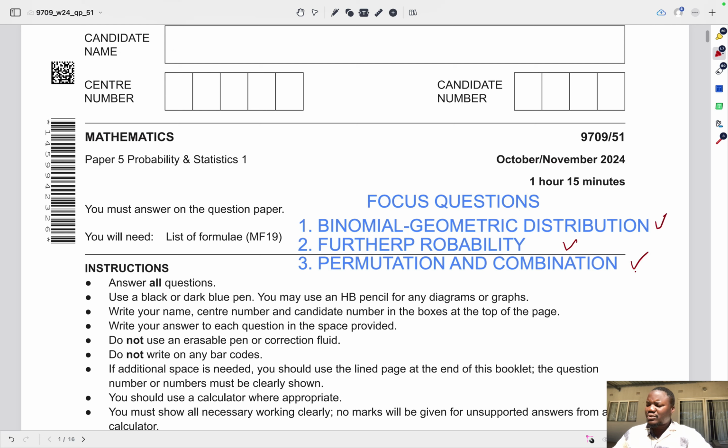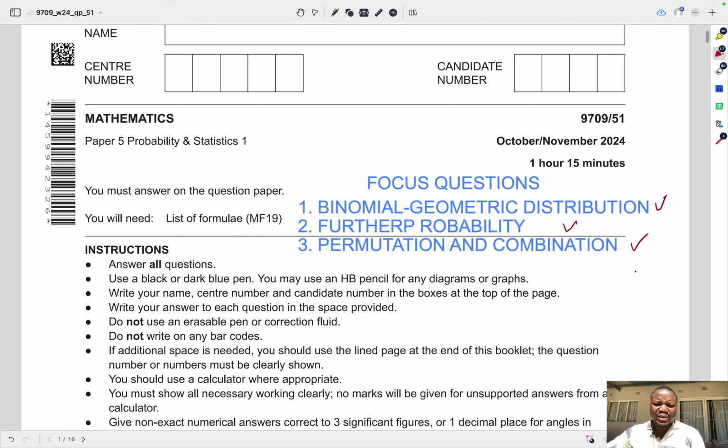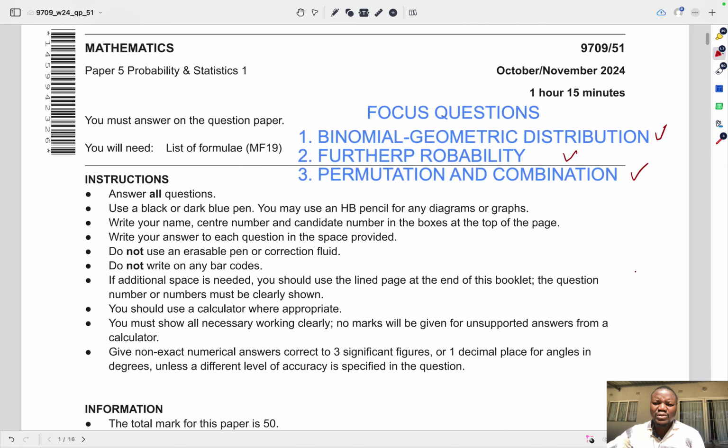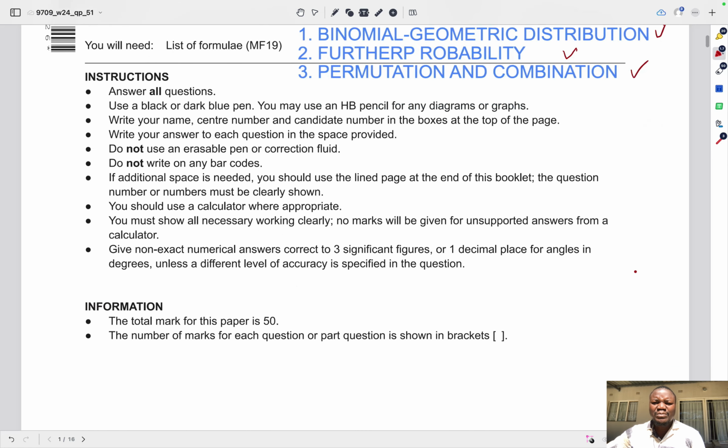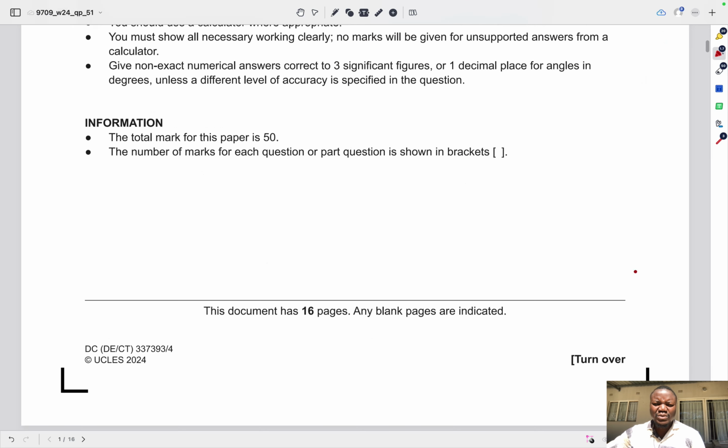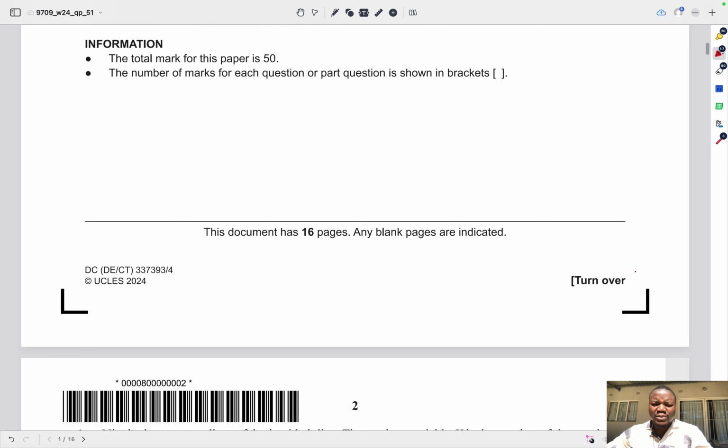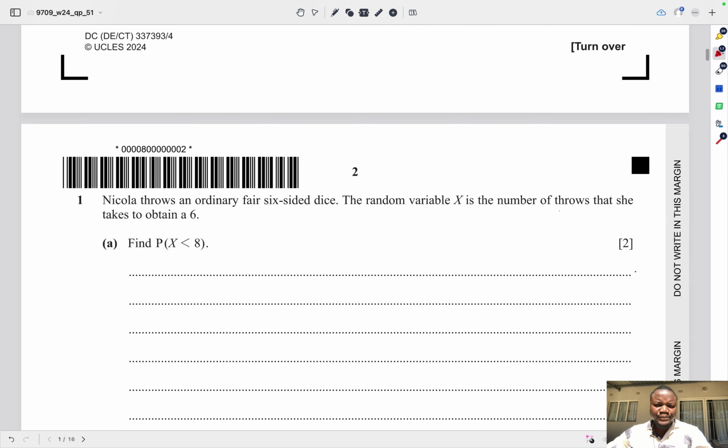So I thought we should spend more time looking at how we can answer these questions. So in this paper and in this series, we are just going to look at questions to do with binomial, geometric distribution, further probability, and permutation and combination. So let's straight away look at questions.